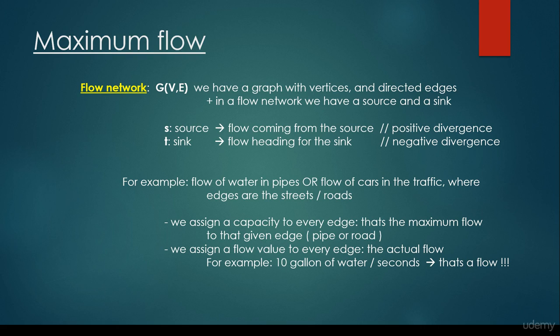So we assign two values to a given edge, a flow and a capacity. The flow is the actual flow, for example 10 gallons of water per second or 3 cars per second. It determines what we can flow through that given pipeline or road. And the capacity is the upper bound for the flow, so the flow cannot be greater than the capacity.